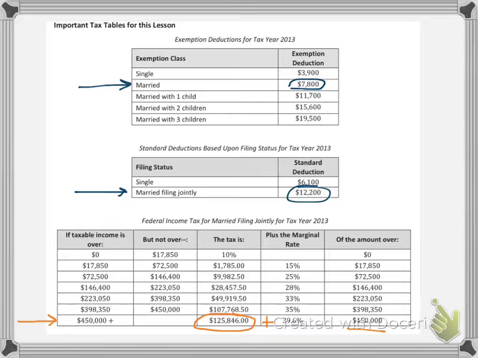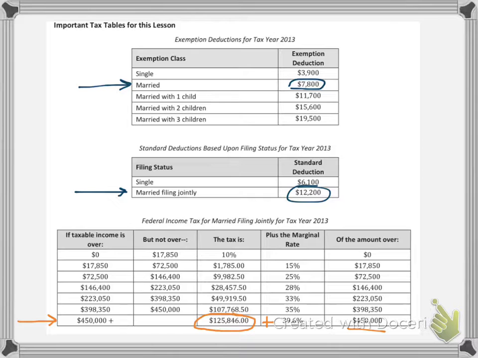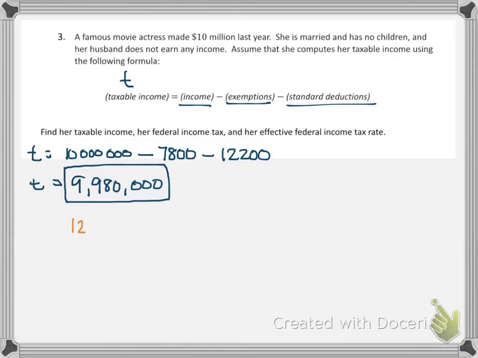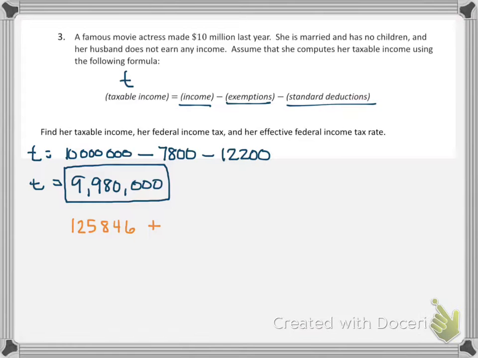So we want to make that happen in our equation. I'm definitely paying the $125,846. And then we're going to add to that the percentage, 39.6%, which I have to write as a decimal.